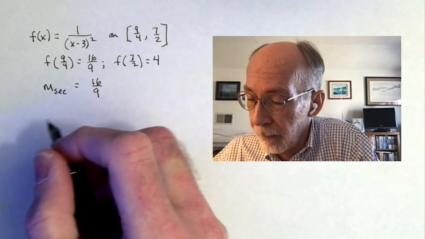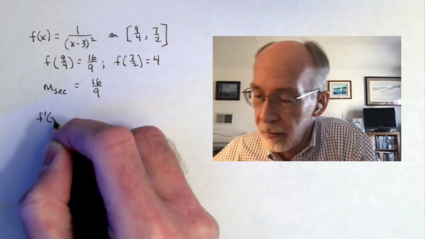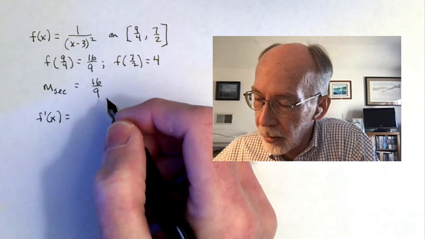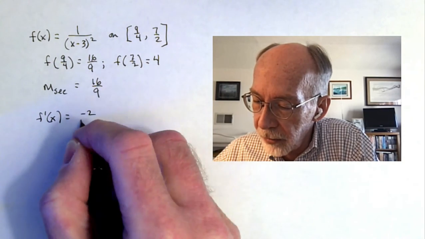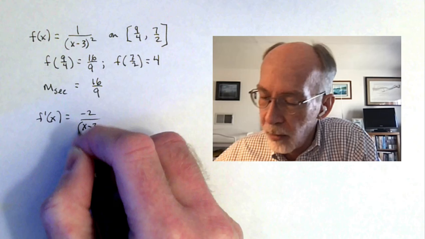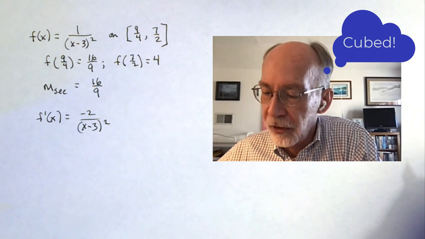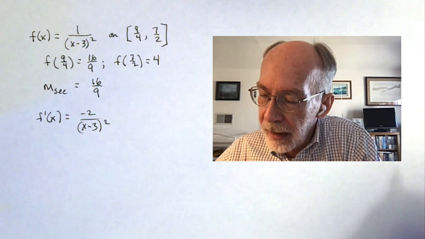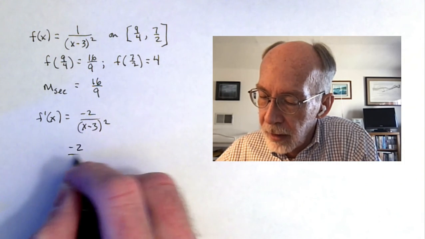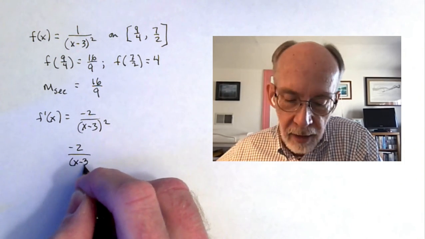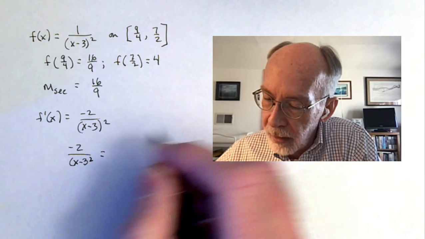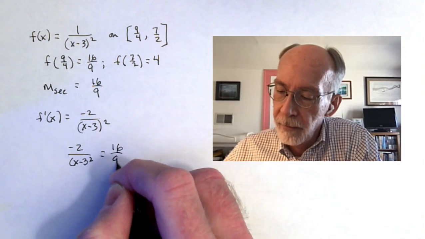F prime of x is -2 over (x minus 3) quantity cubed. There's no chain rule there, so it's just basically a power rule with a negative exponent. And so we would need -2 over (x minus 3) cubed to be equal to 16/9.